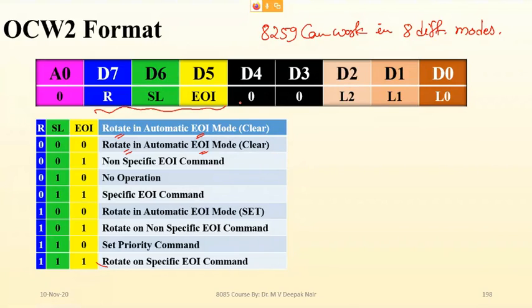Okay, so we can have rotation mode, which kind of rotation we want, which kind of end of interrupt we want, which kind of priority should be provided to that particular mode. So these kinds of things can be set using these three bits.